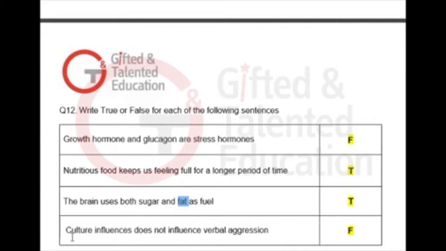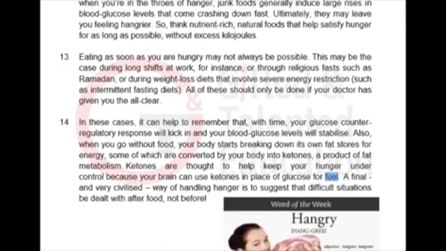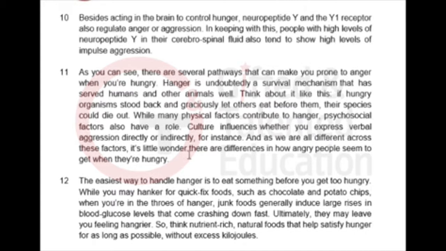And the last statement there, cultural influences does not influence verbal aggression. That's false. And we see why this is so in paragraph 11. Here, they describe cultural influences.